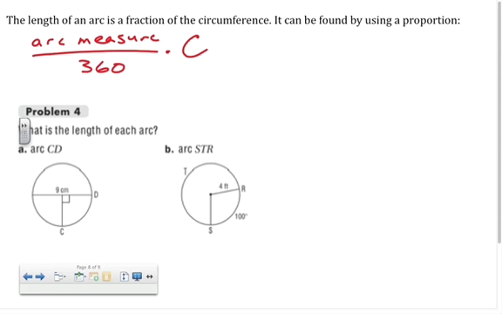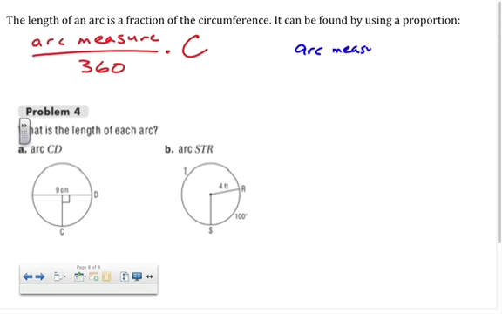Or you could think of it along the lines of a proportion, where the arc measure is part of the whole 360, and the arc length is part of the whole circumference. So that proportion would look like this.